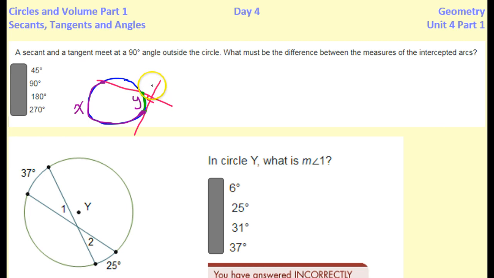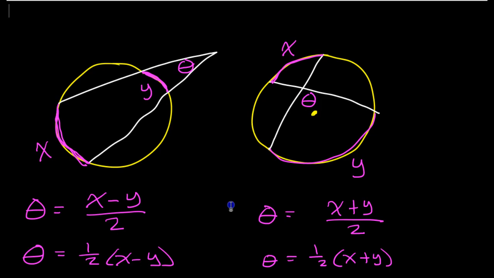And this angle right here is the theta that we talked about. This is the situation where we have the angle outside of the circle. So the angle should equal the big arc minus the small arc divided by 2.